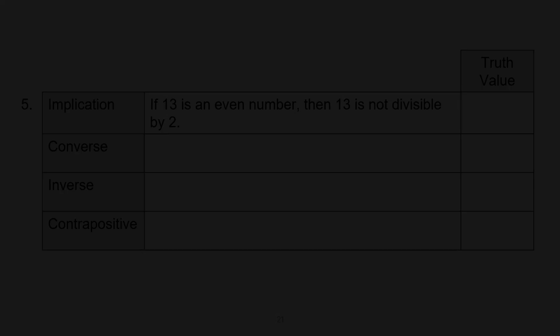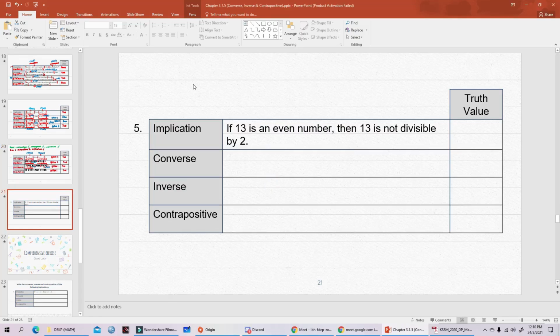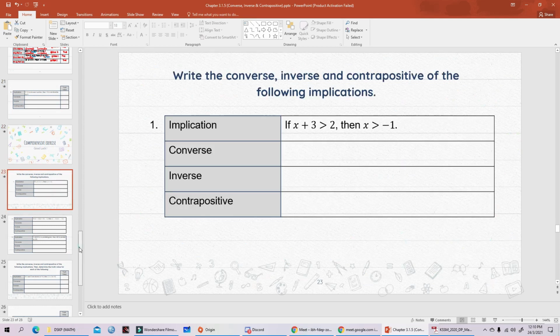Okay, this is question number 5. I need you to do this question by yourself as your homework. I want to discuss all the questions with you, but it is already past 12 noon. So the comprehensive exercise, you also need to do.